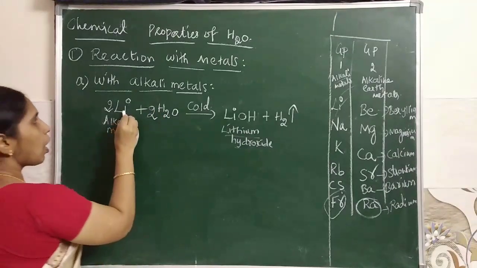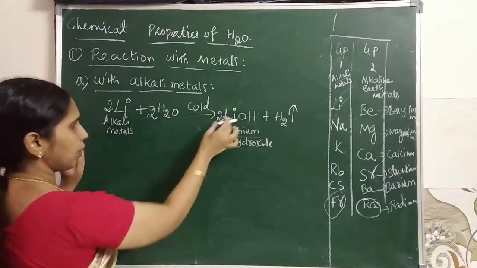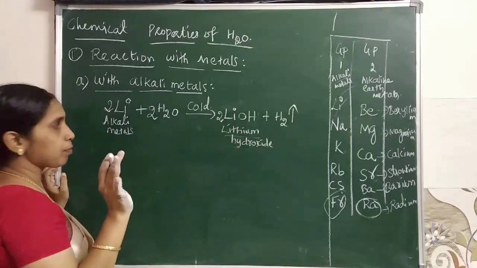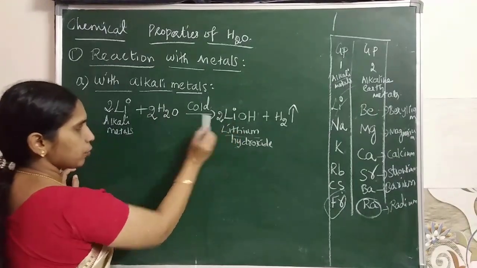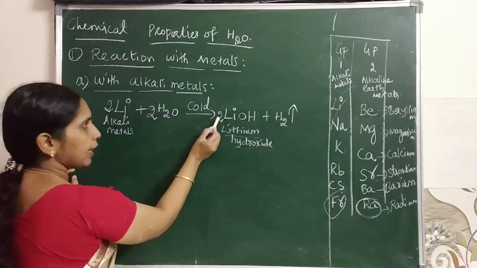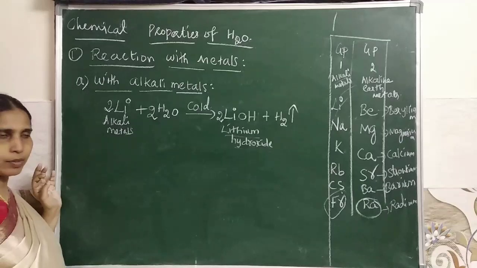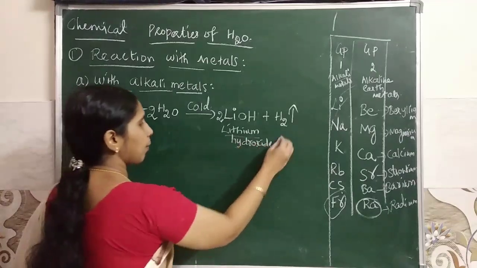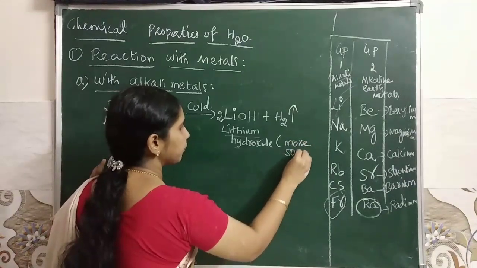How many Li? 2 Li here, Li2 here also. Lithium is balanced. Oxygen 2 here, oxygen 2 here. Oxygen is balanced. Hydrogen: 2 twos are 4 here, 2 plus 2 here. So now the equation is balanced. This lithium hydroxide is more soluble.